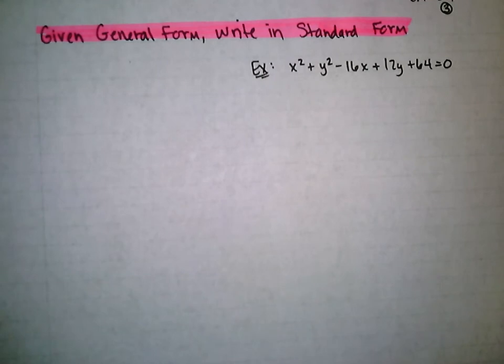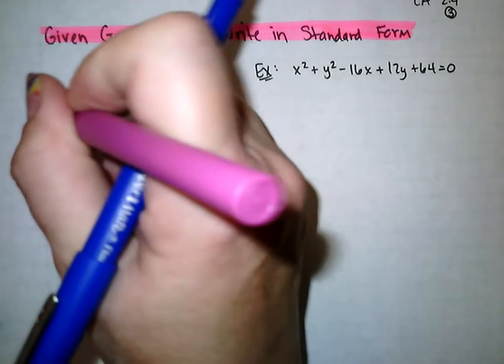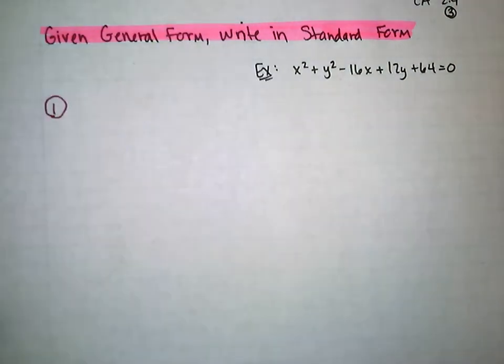So here we go. Our first step is going to be to group the x's together and group the y's together and get the constant term, or the plain number, on one side by itself.